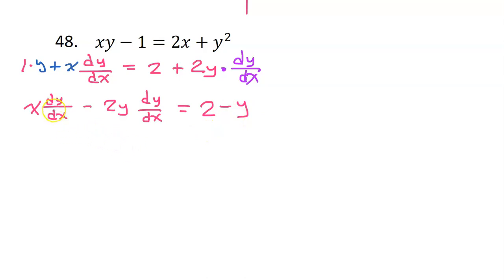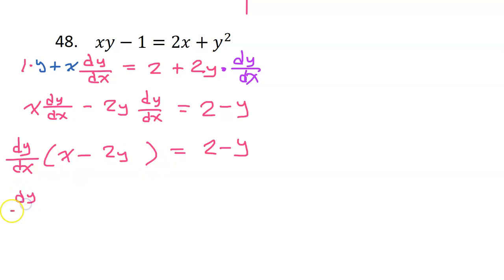Because I have dy dx in both of these terms, I can factor the dy dx outside of parentheses because it is a GCF. So that will leave x minus 2y inside the parentheses. Now I can divide both sides by the parentheses to get dy dx by itself.